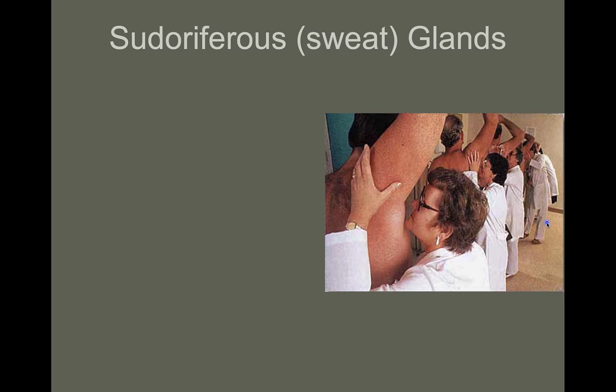So I'm not sure which is worse, to be the subject or the scientist in this study, but we're going to first talk about our sudoriferous glands, and these are composed of simple cuboidal epithelial tissue. So hopefully you're thinking to yourself, ooh, simple cuboidal epithelial tissue is involved in absorption and secretion, and we're talking about sweat glands.